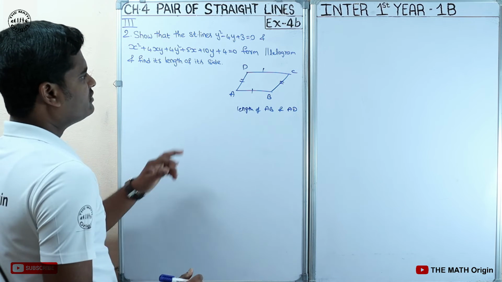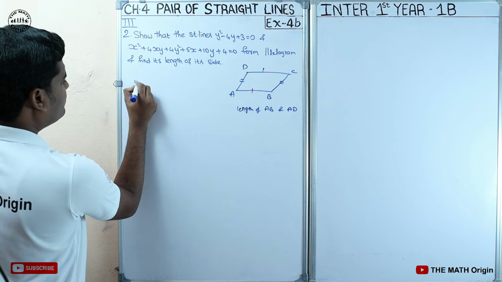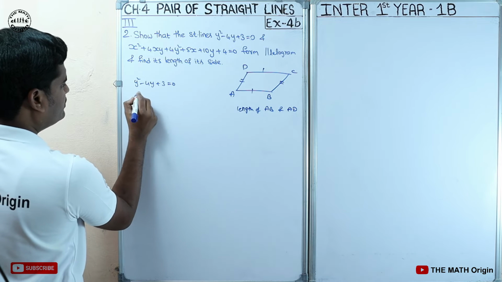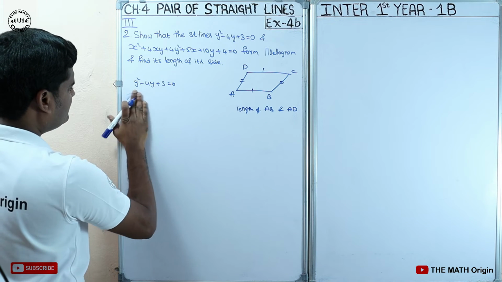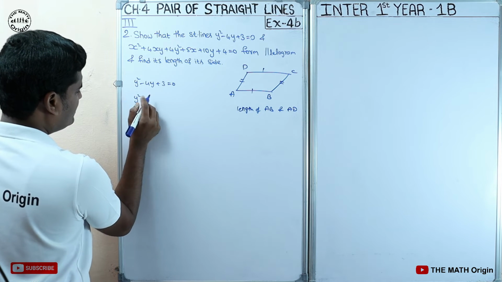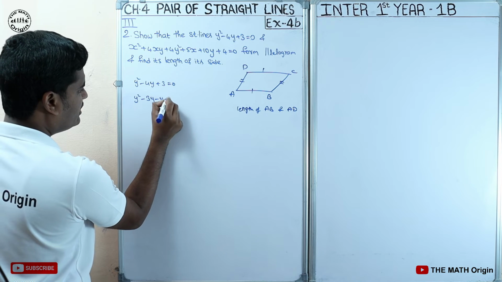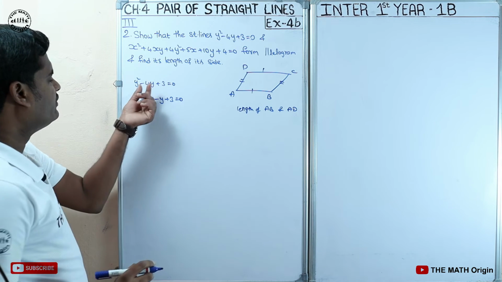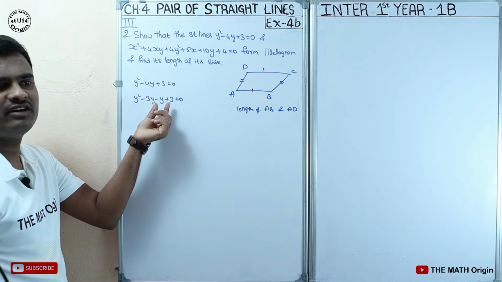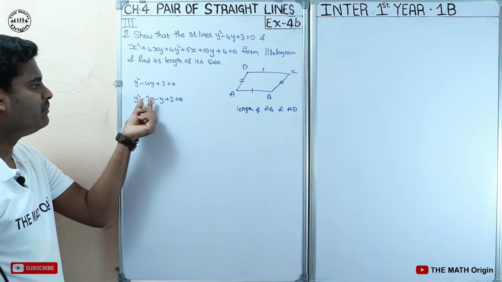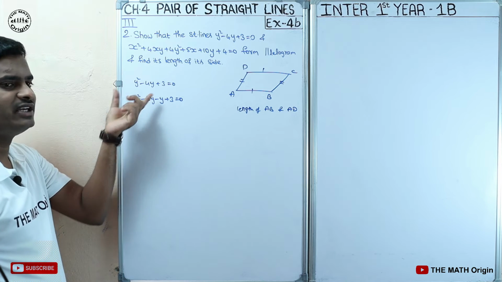Let's find out. From the first equation we have y square minus 4y plus 3 equals 0. From this, let's factorize it: minus 3y minus y plus 3 equals 0. If you see here minus 4y, I made it as minus 3y minus y, which is the sum minus 4y, and the product will be plus 3y square, which is the product of the extremes.